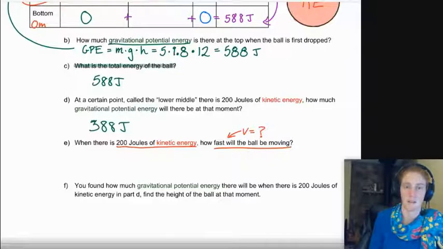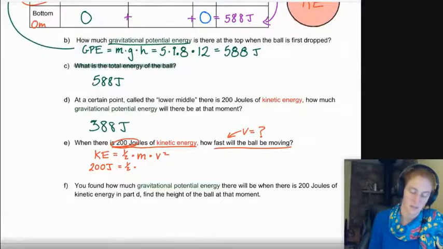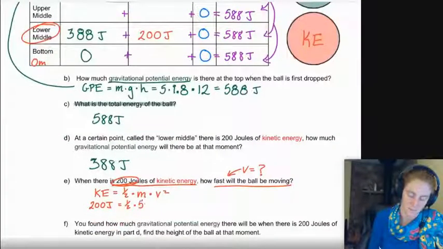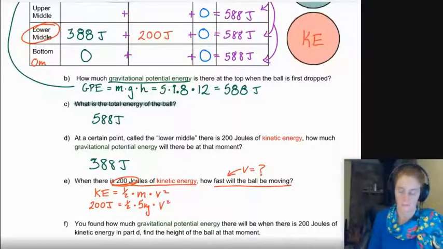And so I'm going to start by writing the equation for kinetic energy. That kinetic energy is equal to 1/2 times mass times my velocity squared. And my kinetic energy here is 200 joules. And that's equal to 1/2 times my mass, which I'm going to remember is 5 kilograms, times my velocity squared, which I don't know, so I'm going to just put it as velocity squared.